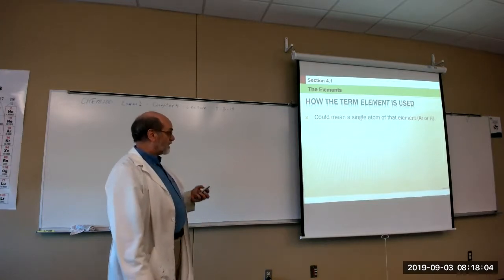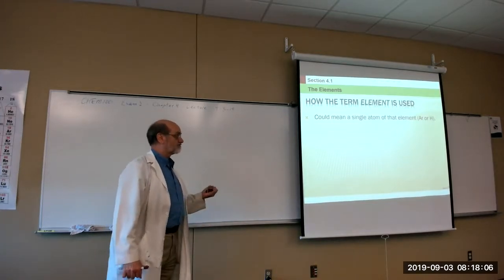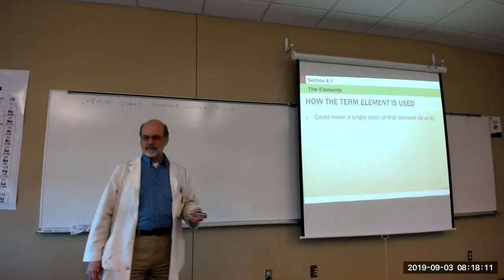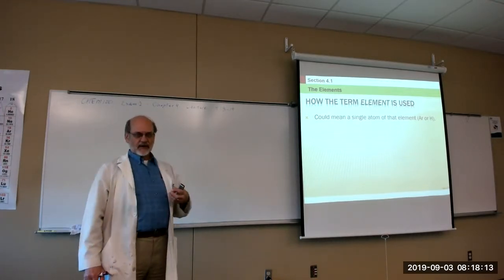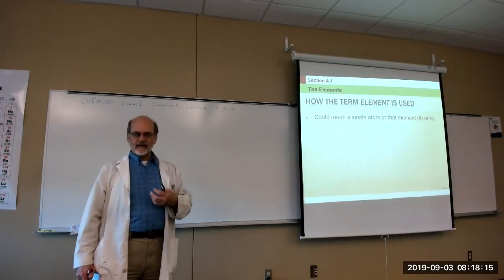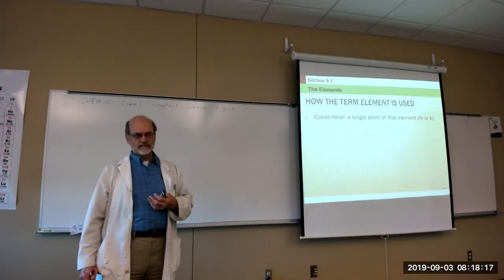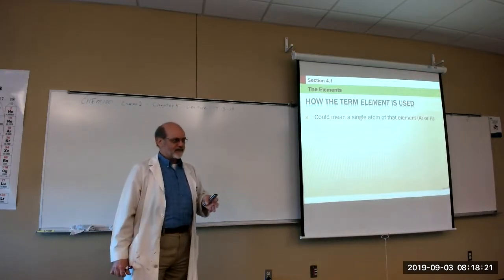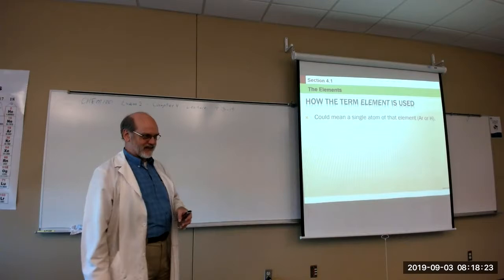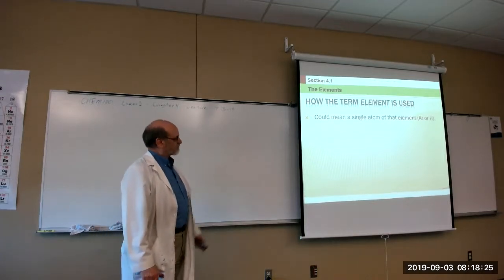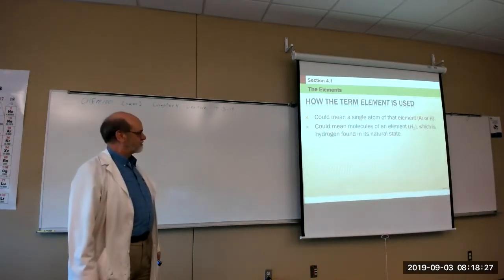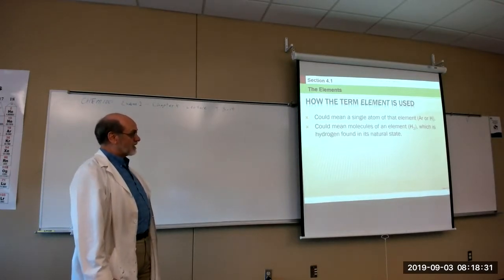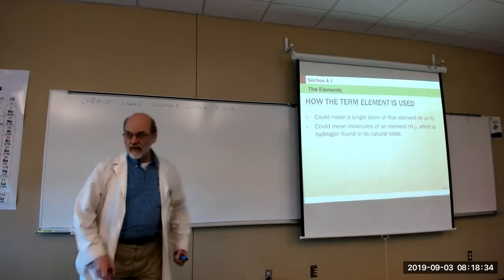Now, that element could be one atom. It could be a billion atoms. But all the atoms are physically and chemically similar. I can't say they're exact, and I'll tell you why eventually. They're not exactly the same. The element could be a combination.